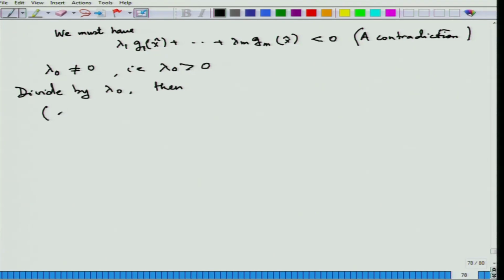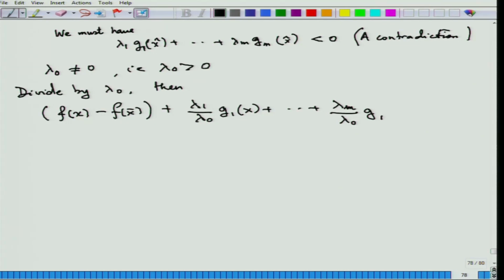Then what we have now is this. Now, what I will do is write lambda i bar equal to lambda i divided by lambda naught. I will do this.